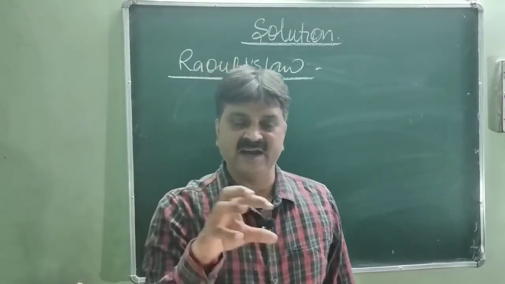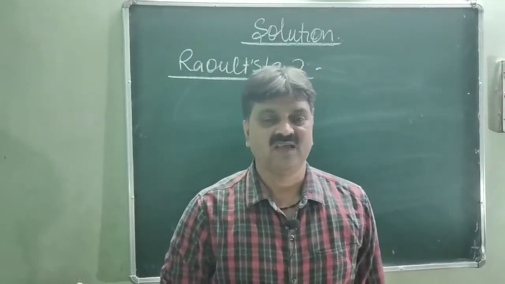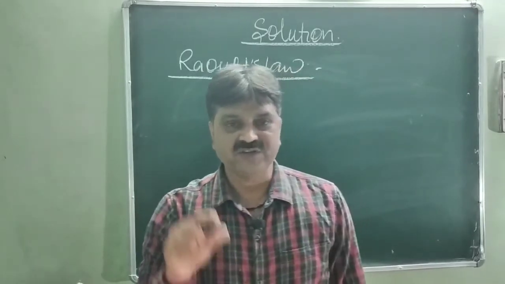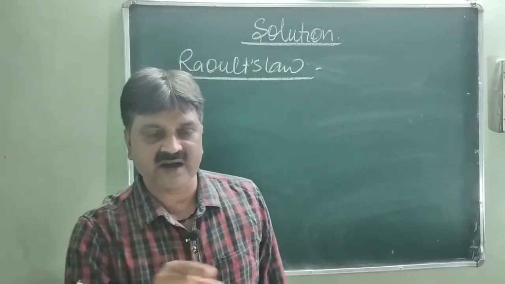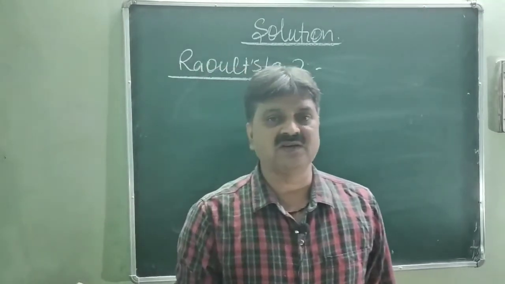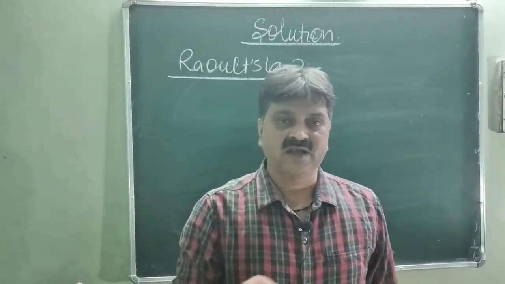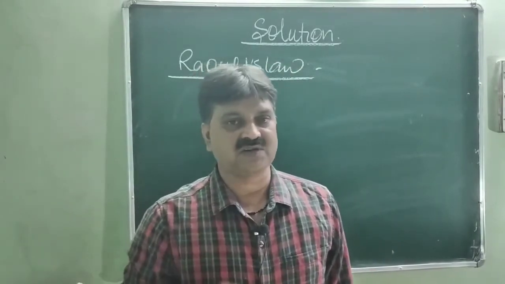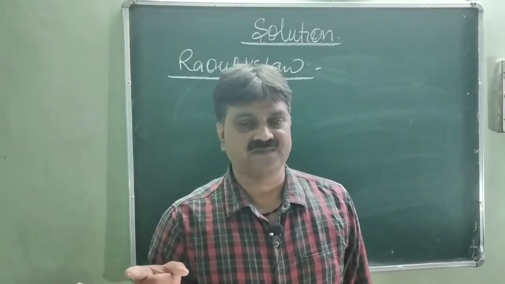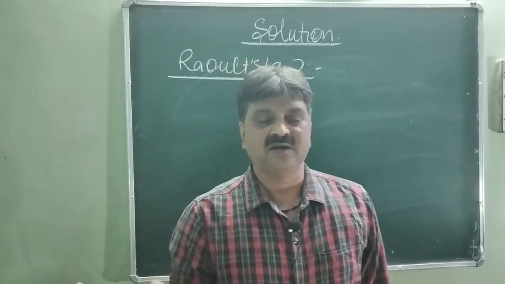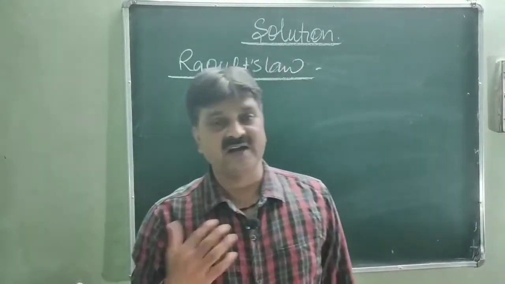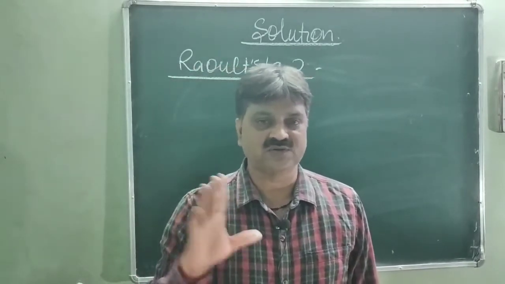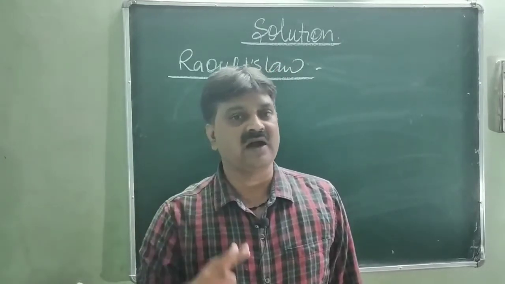And he gave an idea about the ideal solution. He made a criterion for the ideal solution: which type of solute and solvent make the ideal solution, and which type of components cannot show the ideality given by Raoult's law. That means a non-ideal solution. We will discuss the ideal solution and the non-ideal solution, and non-ideal solutions may be of two types: positive deviations from the ideal solution or negative deviations from the ideal solution.